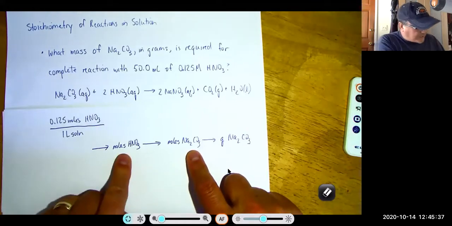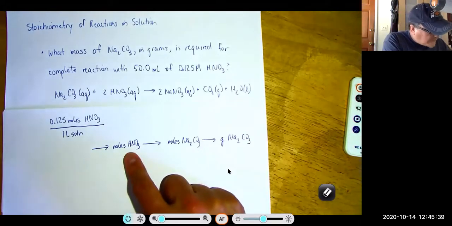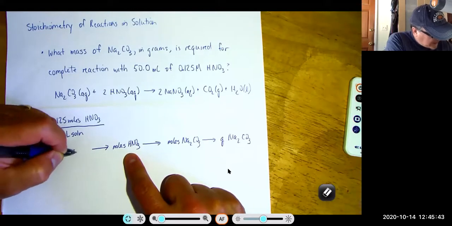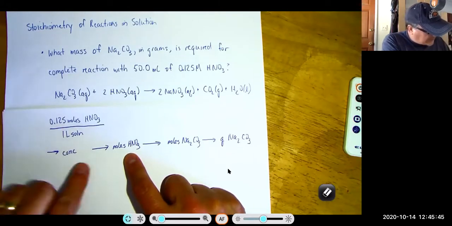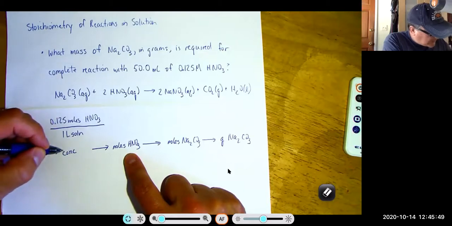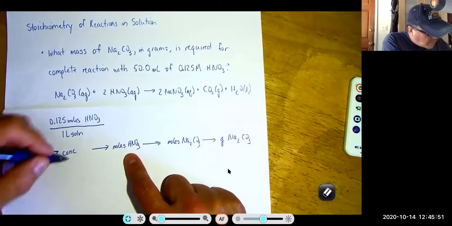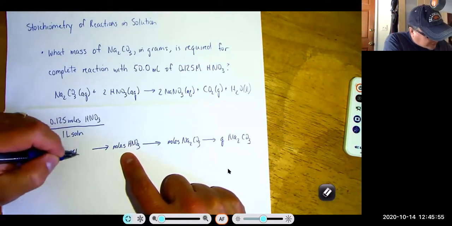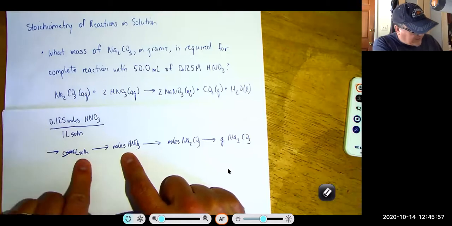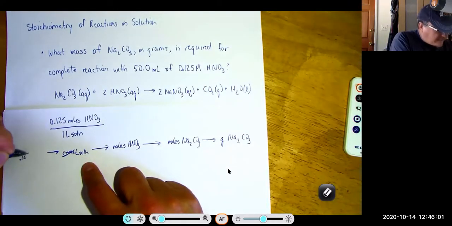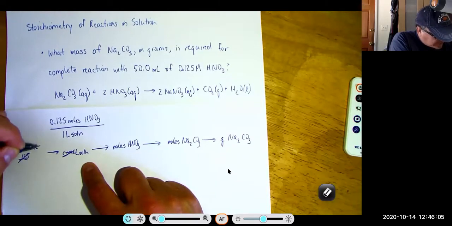And from the moles of nitric acid, we're basically going to start with the concentration. For this moles of nitric acid, if we have liters of solution, we'll be able to get here, but we have 0.125 M and 50 milliliters of solution.